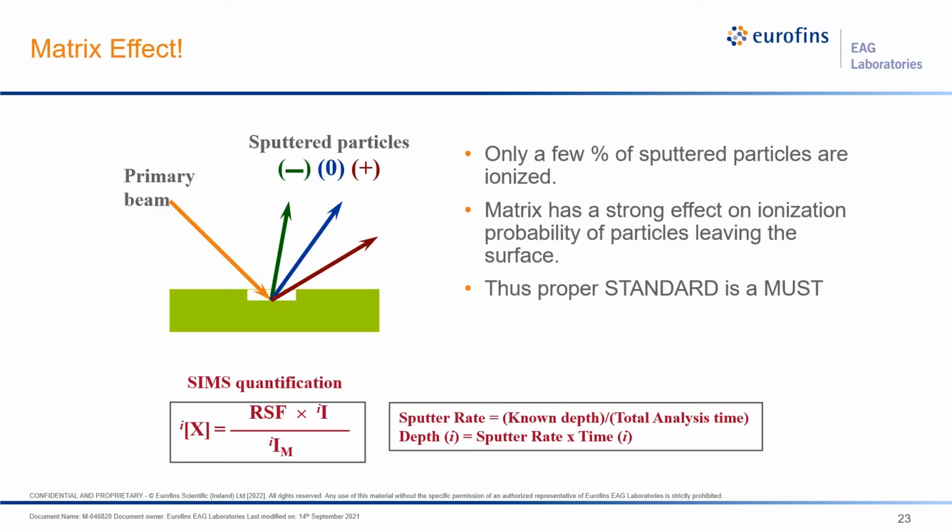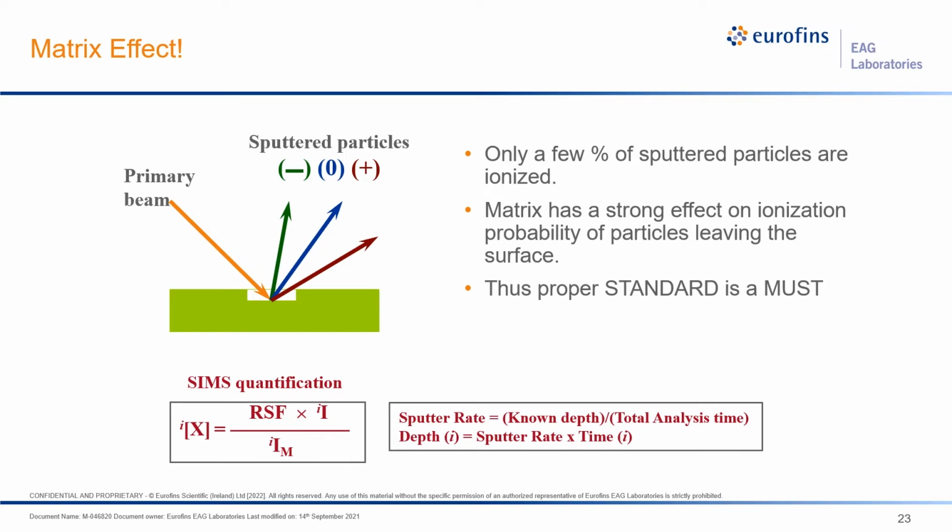So let's see how we can really do the conversion of ion intensities to concentrations of elements. SIMS quantification has a very simple formula. We calculate the relative sensitivity factor from a reference material and multiply that by the intensity of the analyte ion divided by the matrix ion, and that gives us the concentration of the element of interest at data point i.